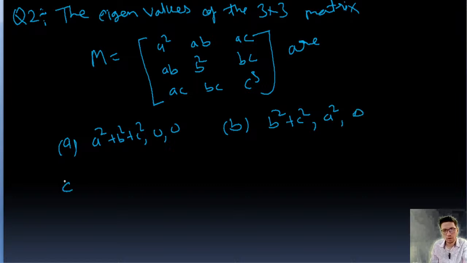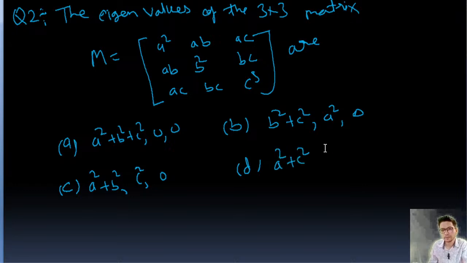Option C is A square plus B square, comma C square, comma 0, and option D is A square plus C square, comma B square, comma 0. Okay.